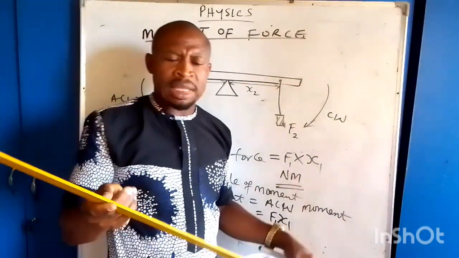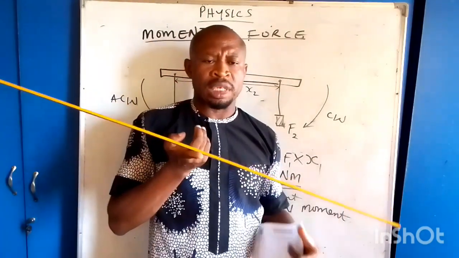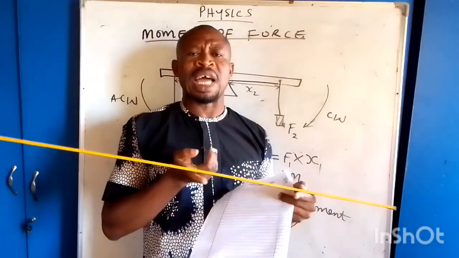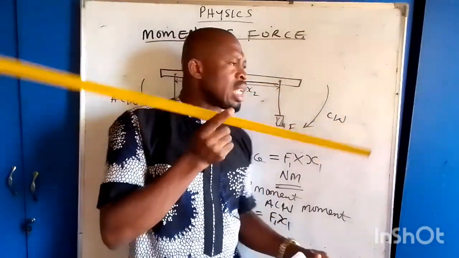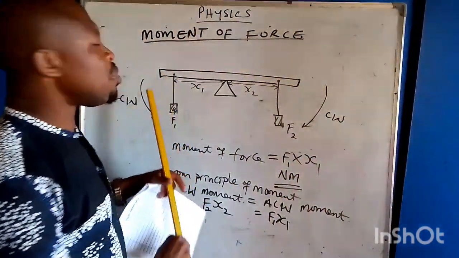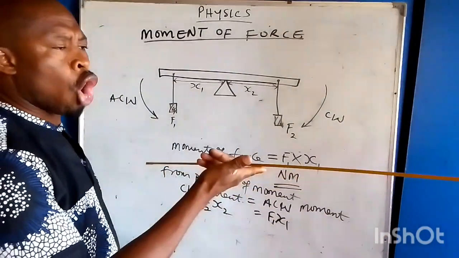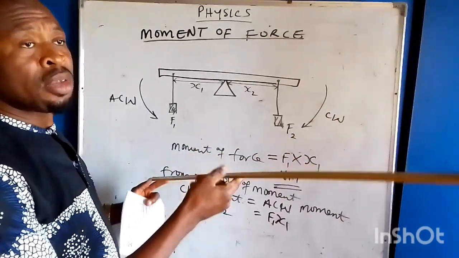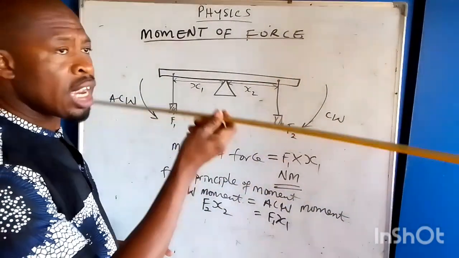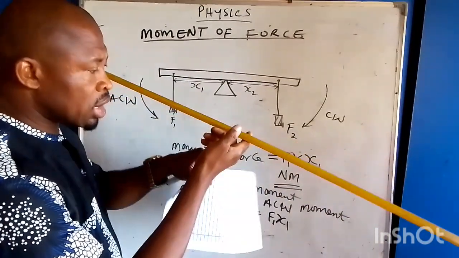The weight of this meter rule always tends to concentrate at the midpoint. So if you are asked to calculate the mass of the meter rule, it always acts at the midpoint. That is one of the things you should note.